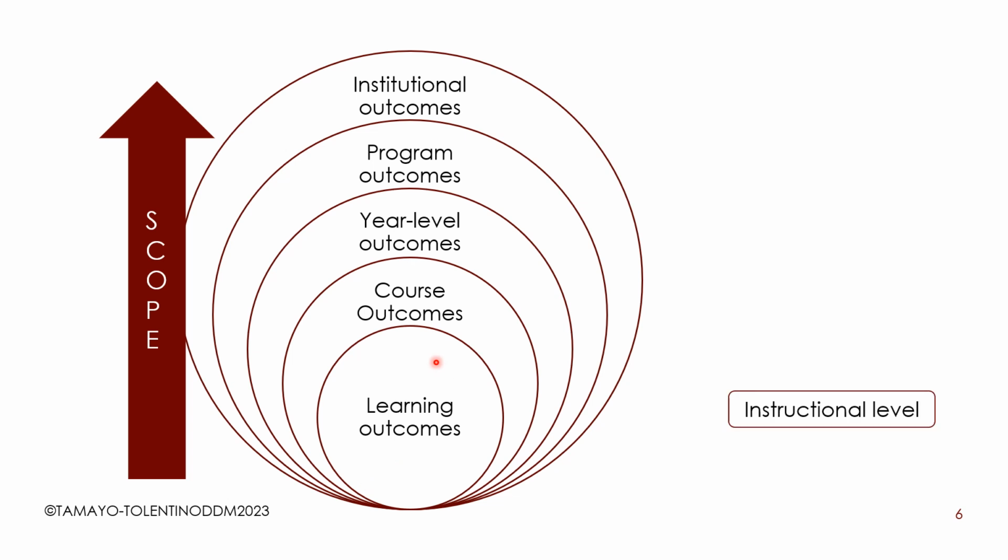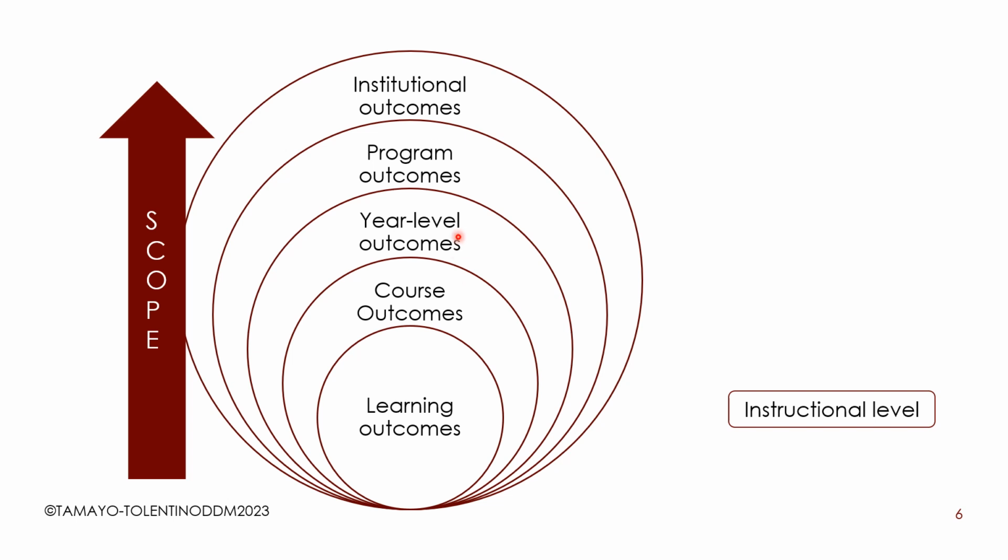Bigger in scope than the learning outcomes are the course outcomes, or the outcomes that we want the students to demonstrate at the end of a course or a subject. The learning outcomes put together should be aligned with the course outcomes and should enable the achievement of the course outcomes.